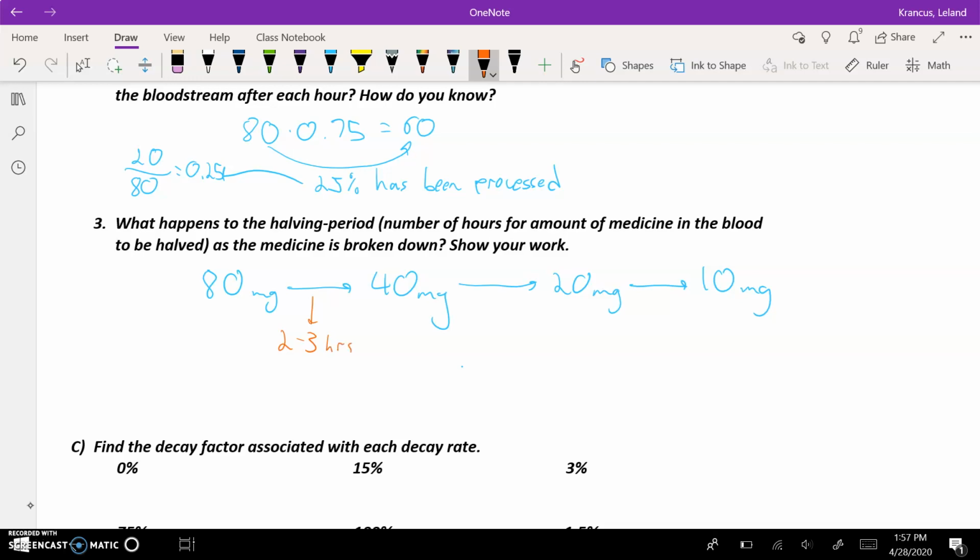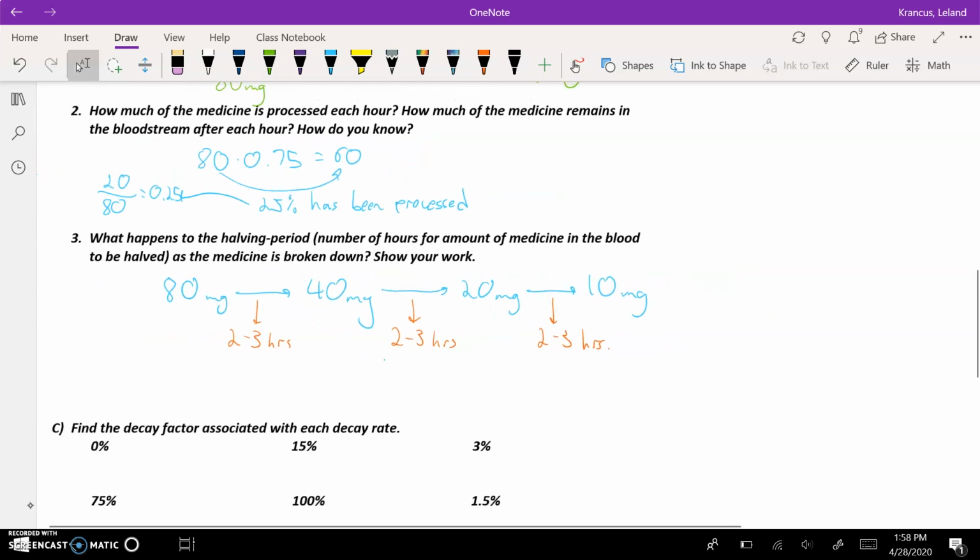If you do 80 times 0.75 to the 2, it hasn't quite gotten down to 40. 80 times 0.75 to the third power, it's a little bit less than 40 milligrams left. Then when you go from 40 to 20 milligrams, you'll notice it takes another 2 or 3 hours.